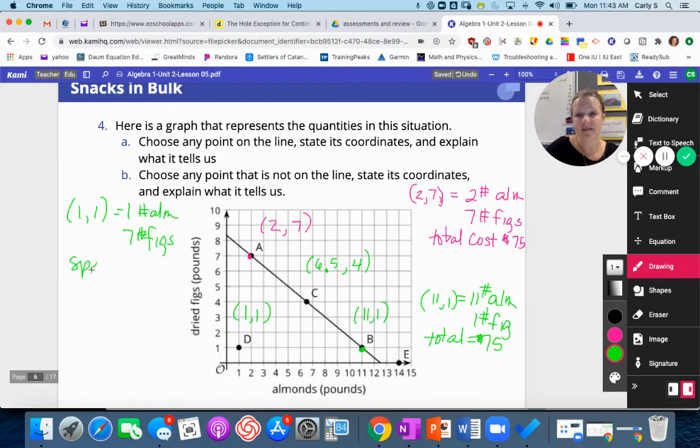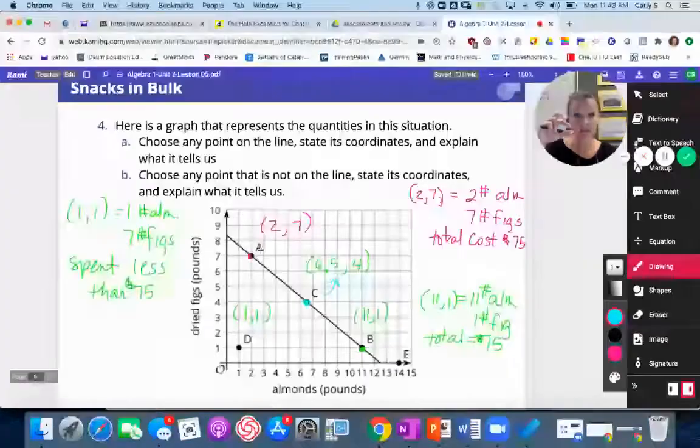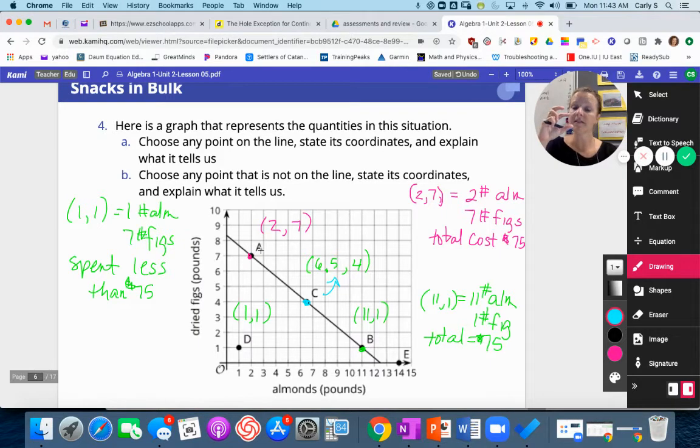And she spent less than $75 because it's not on the line. So she didn't spend $75 when she did that one. These three ordered pairs are all on the line, so the amounts of almonds and figs purchased all cost $75.